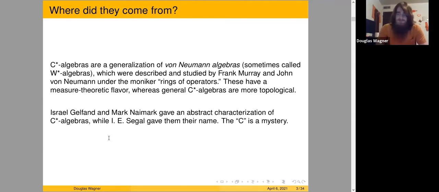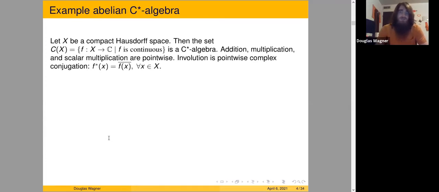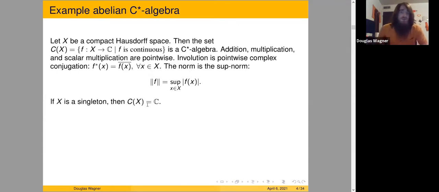So that's background. For an example, the continuous complex valued functions on a compact Hausdorff space X form a C-star algebra just using the regular old operations, just doing it pointwise. For the norm, we use the sup norm. In the simplest case, when X is just a single point, we get back the complex numbers.